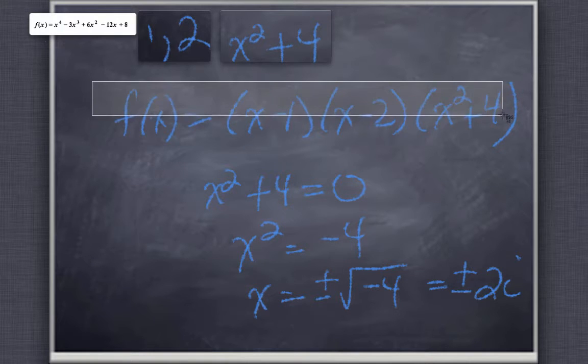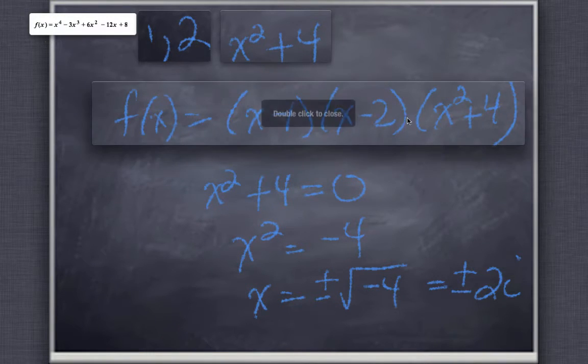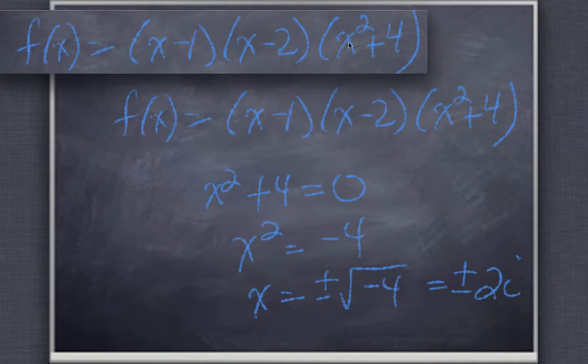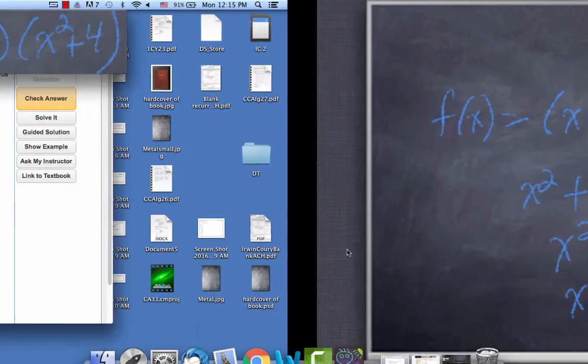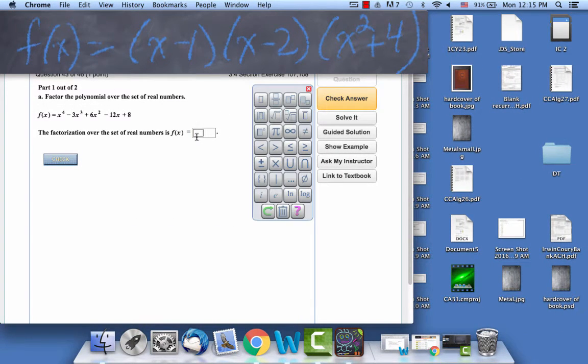The factorization over the reals is this. Once I have a piece that factors into imaginary or complex zeros, then that's not factored over the reals anymore. So x minus 1, x minus 2, x squared plus 4.